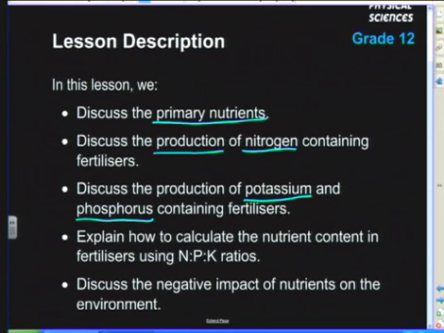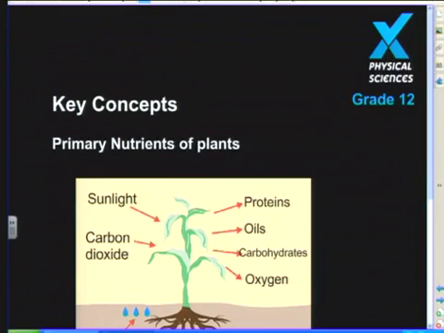We will also explain how to calculate the amount of nutrient content in fertilizers using the NPK ratio. We will also discuss the negative impact of nutrients on the environment. So those are the things that we will be looking at in this lesson.